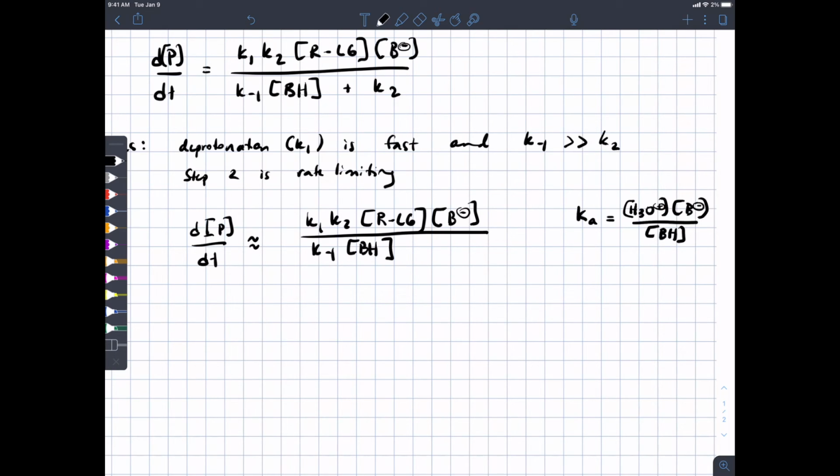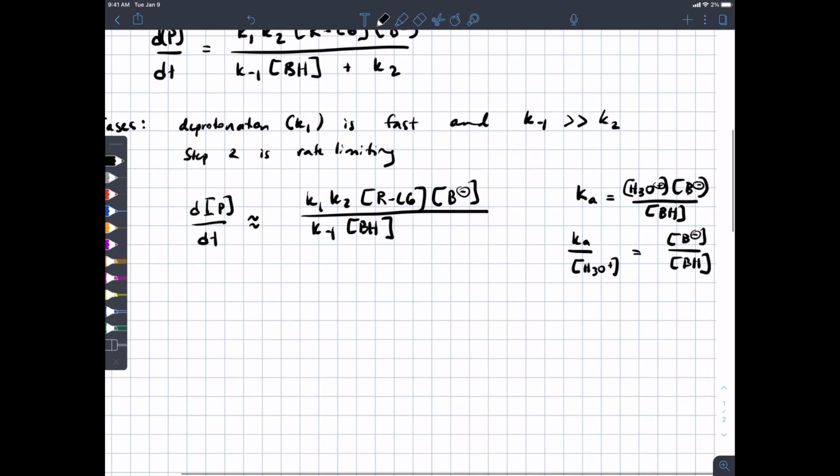Or alternatively, Ka divided by H3O plus equals B minus divided by BH.